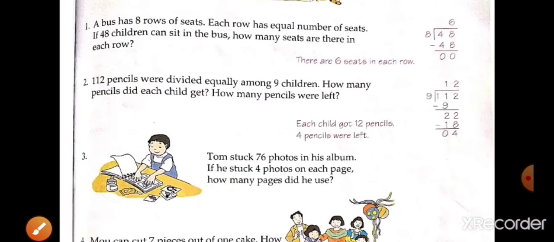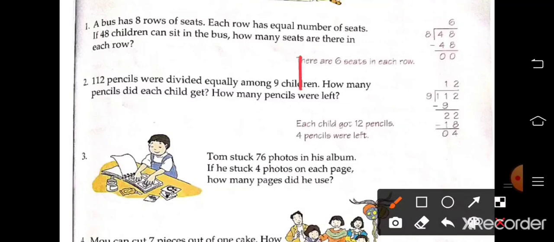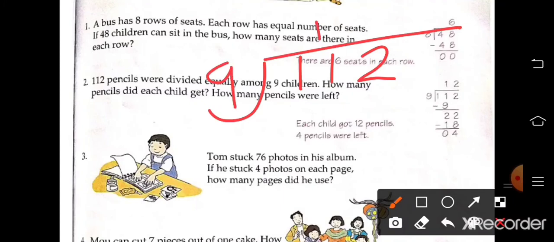Okay, now 112 pencils were divided equally among 9 children. How many pencils did each child get? How many pencils are left? So we have to divide 112 by 9. 9 ones are 9, subtract.